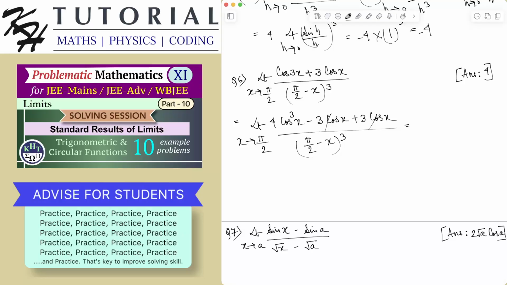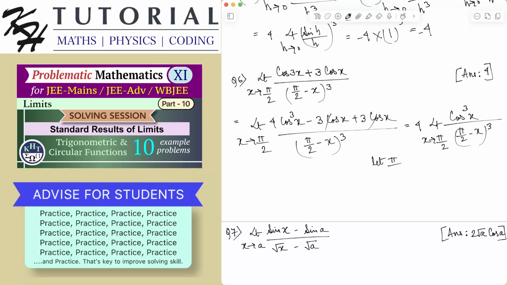So this becomes, let's bring 4 outside, 4 times limit x tending to pi by 2 cos cube x divided by (pi by 2 minus x) whole cube. Now we have to do the variable substitution.